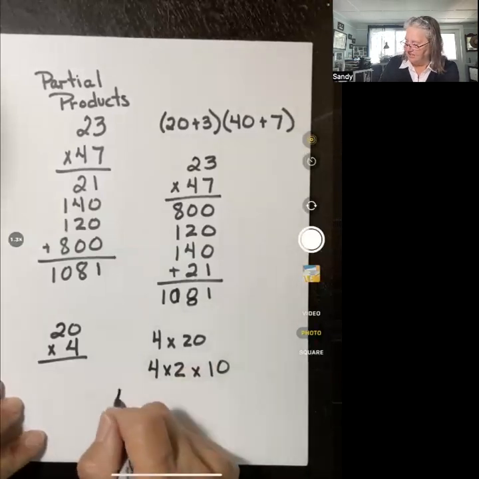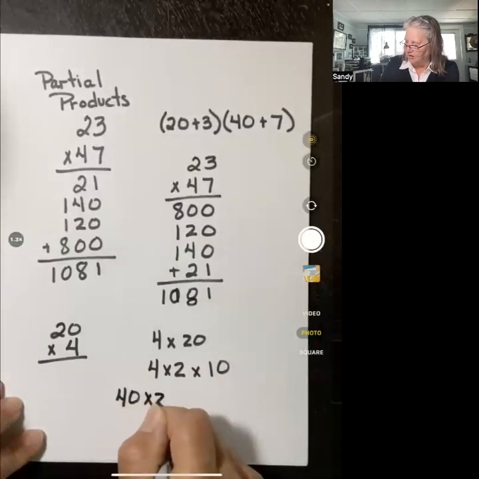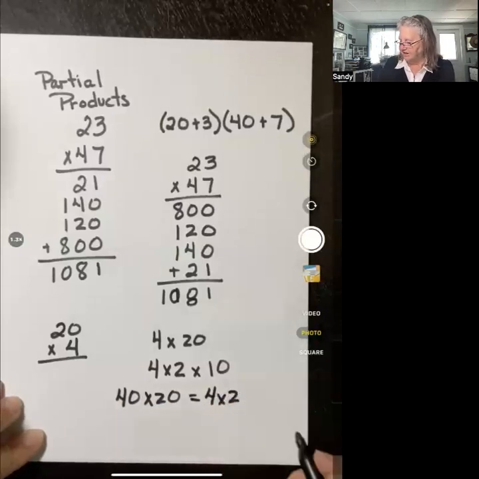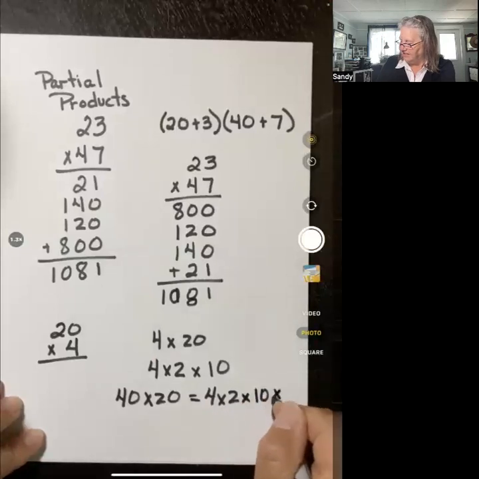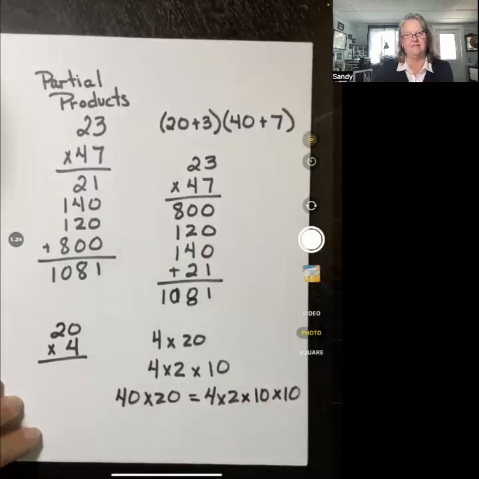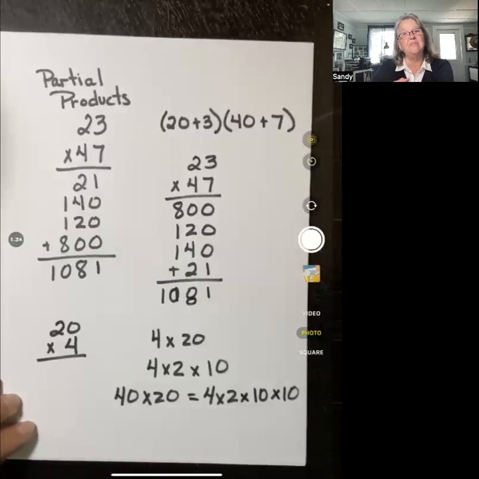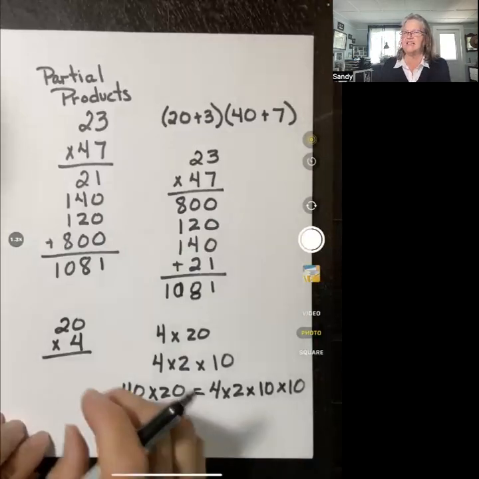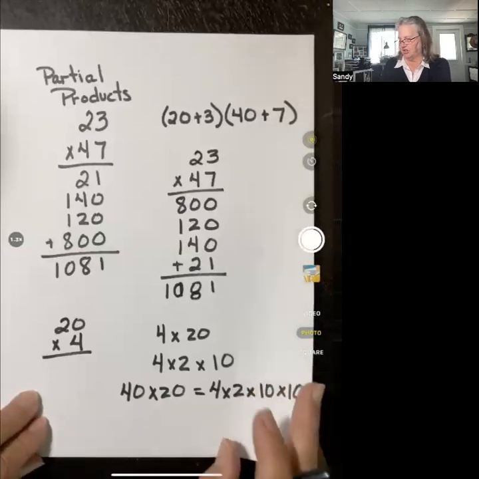I can do things like 40 times 20 is the same as 4 times 2. I know that, but then I need to have each of these, that's a multiple of 100. There's a number sense understanding that goes with understanding the multiplication algorithm. So there's a lot of pre-activities that can really help your child.